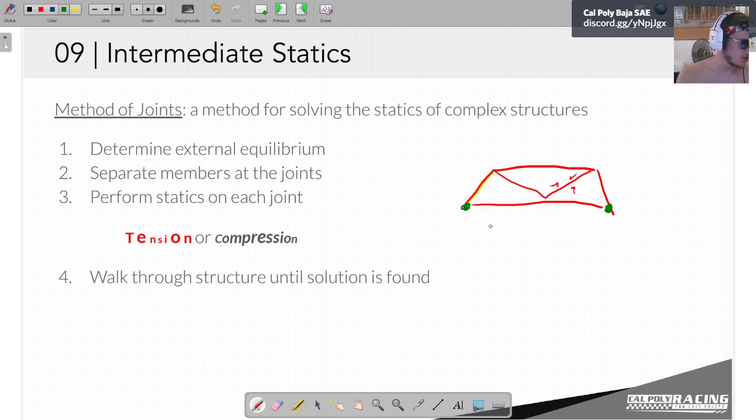In civil engineering, they have a bunch of classes about exactly what safety factors to use and what conditions to design for. Generally speaking, though, for the method of joints, you want to figure out what your worst case loading condition is.